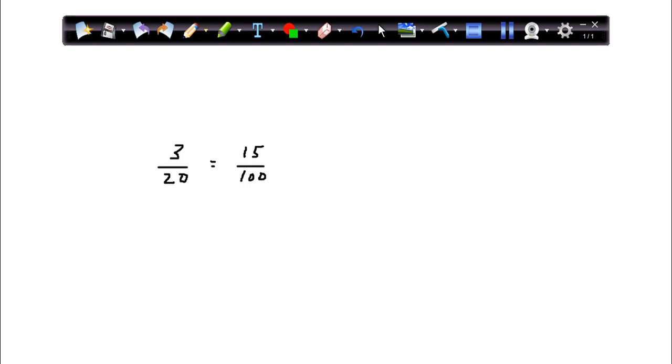So here goes. Let me get the little red so you can see it. 3 times 100 is 300. We know that. And 20 times 15. I'm sorry. 3 times 100 is 300. And 20 times 15 is 300.